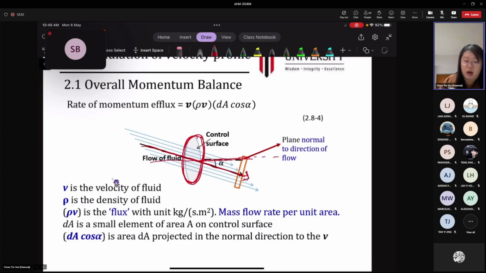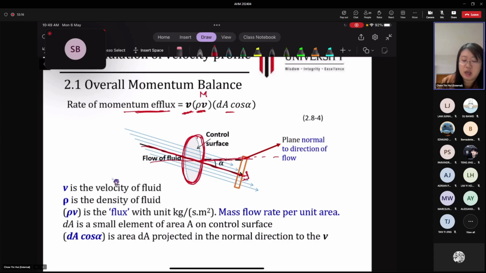How do they describe the rate of momentum efflux term, which is the rate of momentum leaving and entering the system? It is expressed as the velocity vector multiplied by the density and velocity, which is equivalent to the mass flow rate, and then multiplied by the area.